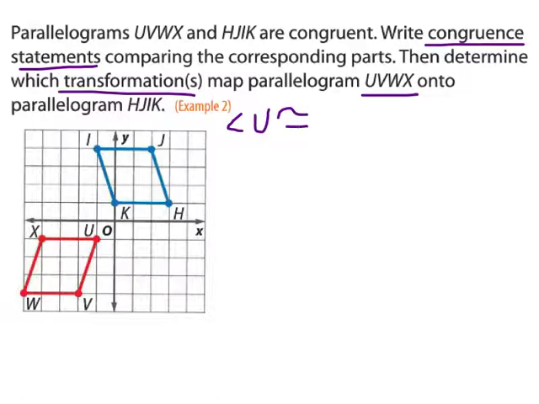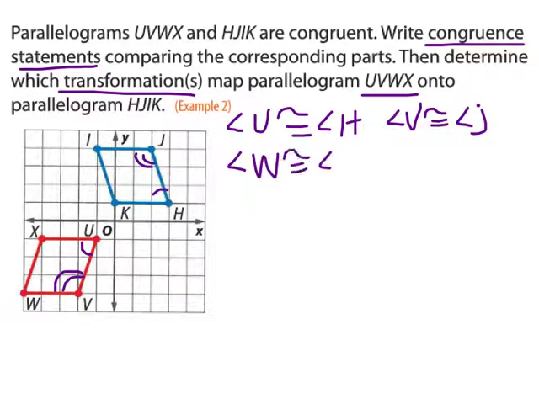Angle U is congruent to angle H. Angle V is congruent to angle J. Angle W is congruent to angle I. That leaves angle X is congruent to angle K.